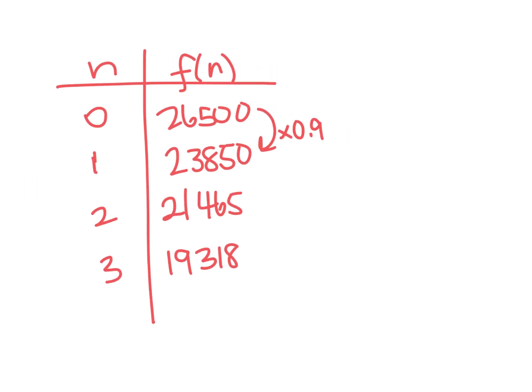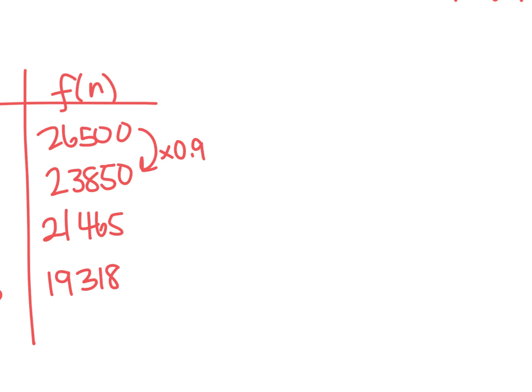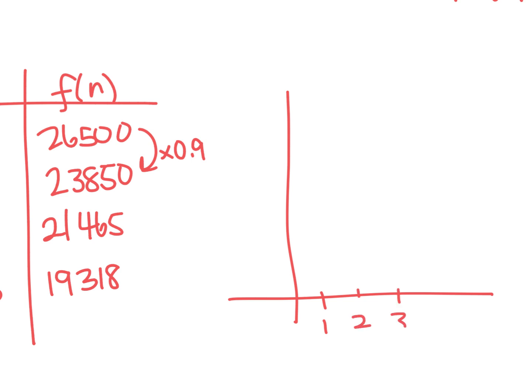Okay, let's show what that looks like in a graph. So this is definitely going to be first quadrant. For X, this is just years, so I'll go by ones: 1, 2, 3, 4. And then for Y, I need to be all the way up at 26,500 for my maximum.